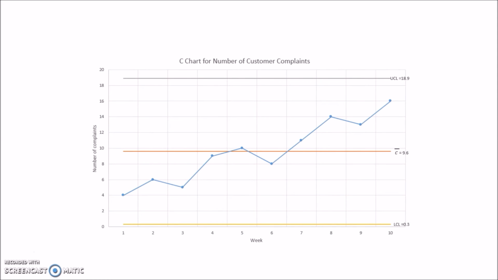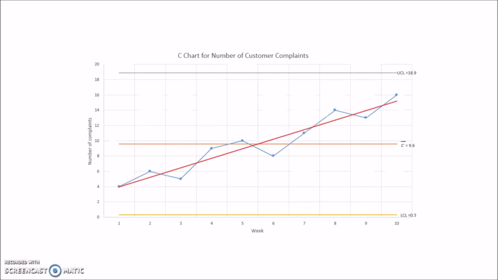Next step is to connect those points with a smooth line graph as I have here. You should end up with a graph looking like this. Then you want to analyze the control chart whether or not the process is in control.